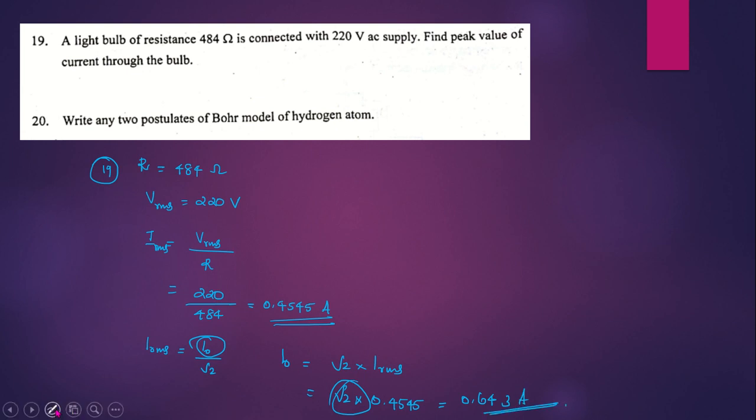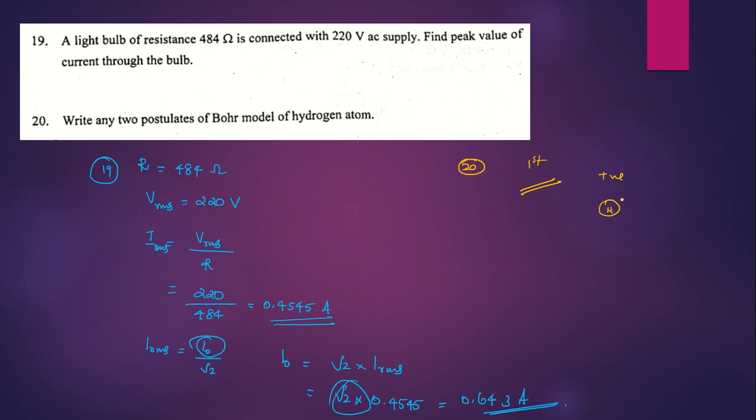Number 20. Write any two postulates of Bohr model of hydrogen atom. So the first postulate, there is a positively charged nucleus at the center of the atom around which the electrons revolve in circular orbits.